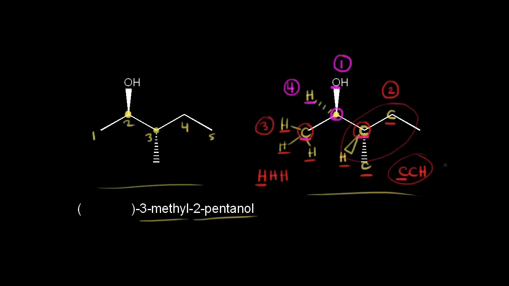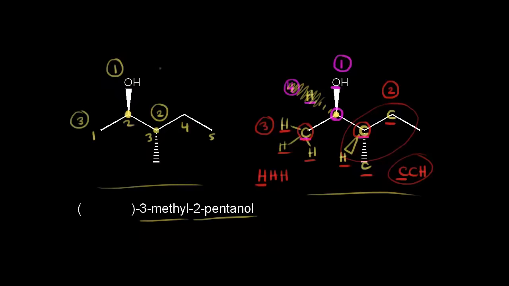Now that we've assigned priority to our 4 groups, the next step was to orient the molecule so that the lowest priority group is projecting away from us. And that's what we have here, because the hydrogen is the lowest priority group. So we can ignore this, and we can focus in on 1, 2, and 3. Let me label this on the right. The OH was the highest priority, this group to the right was the second highest priority, and the methyl group was the third highest priority.